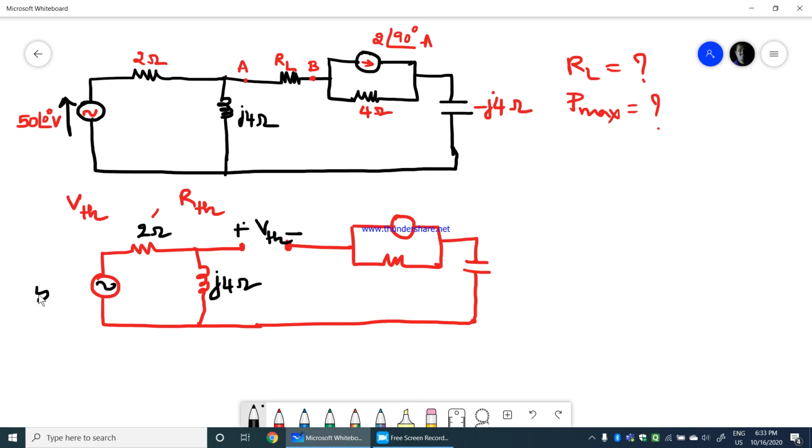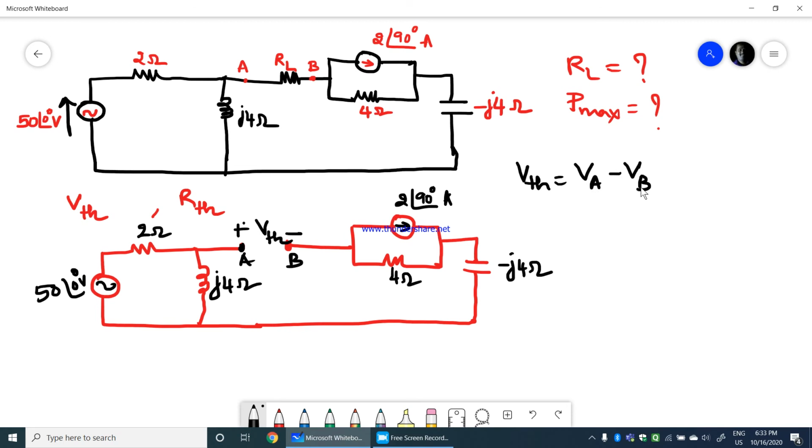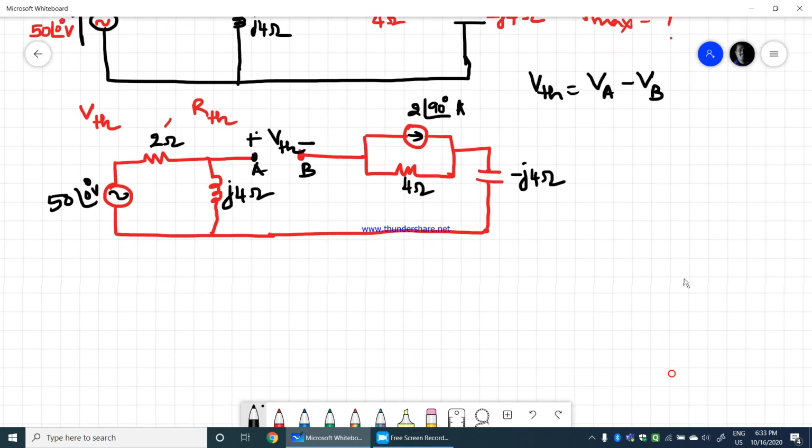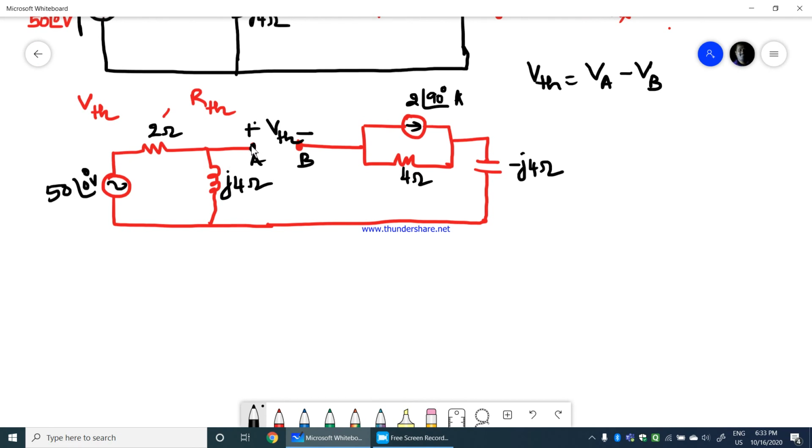So this is 50 at an angle 0 degree volts, and this is 2 at an angle 90 degree amps, with 4 ohms and minus j4 ohms. Now we need to find out what is VTH. To find VTH, let us take this as A and B. Therefore VTH would be equal to VA minus VB. So we need to find out what is VA, the voltage at this node.